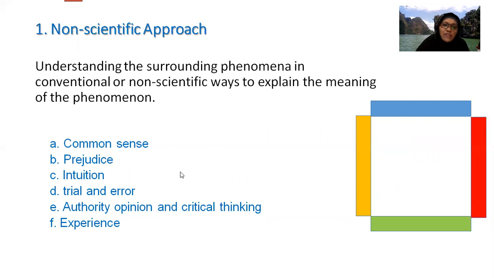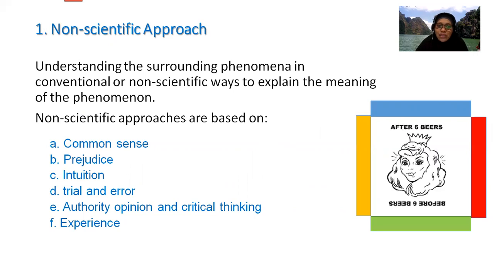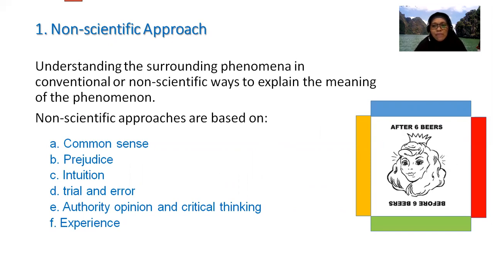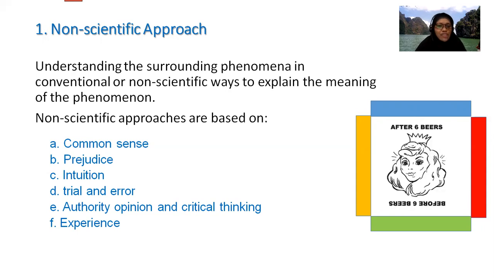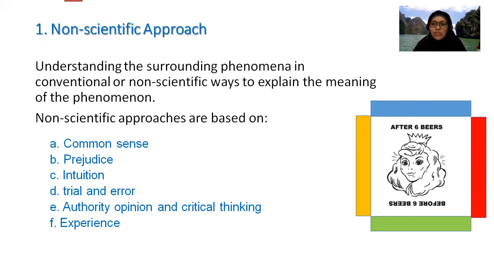What is the non-scientific approach? It is understanding surrounding phenomena in conventional or non-scientific ways. We explain something without scientific proof. We can use common sense, prejudice, intuition, trial and error, opinion, critical thinking, or experience, but without proof.